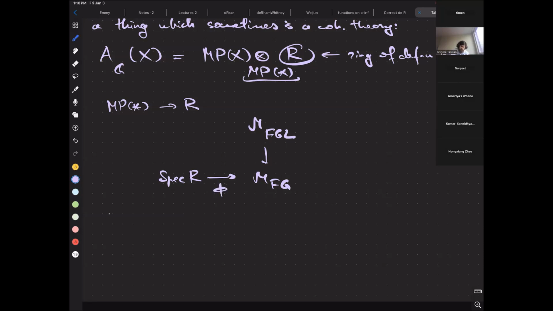And then the cohomology theory associated to G is just the same as taking the pullback of the quasi-coherent sheaf on M_FG corresponding to the complex cobordism cohomology theory along this classifying map.